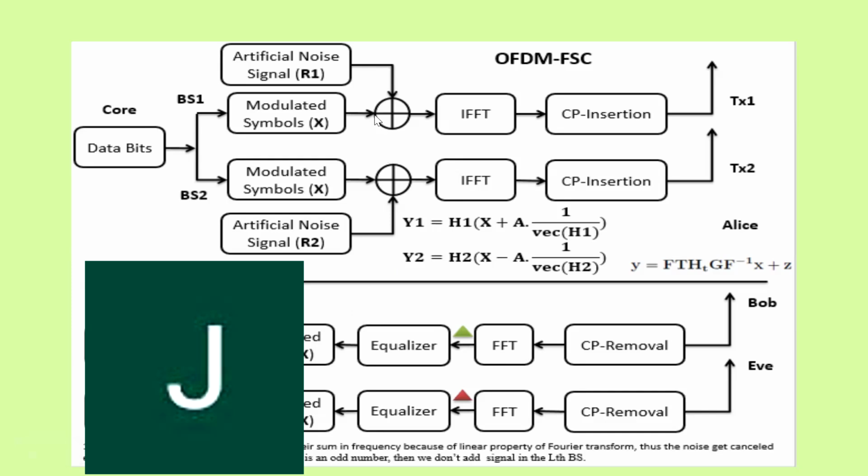So here at this point, we add an artificial noise signal, which is basically a random vector A divided by the channel between Alice and Bob, H1.